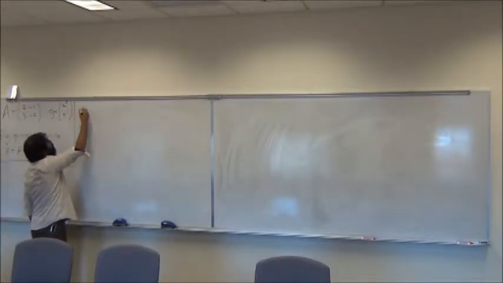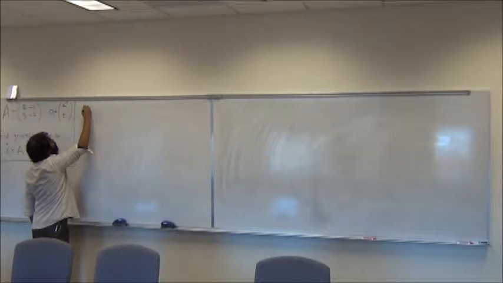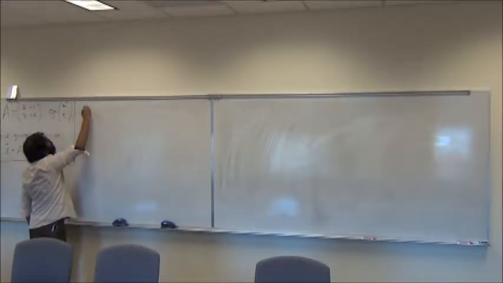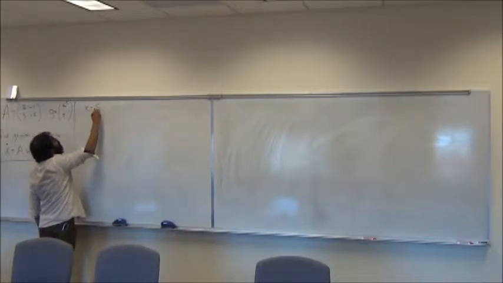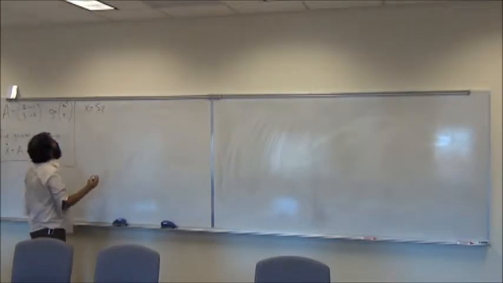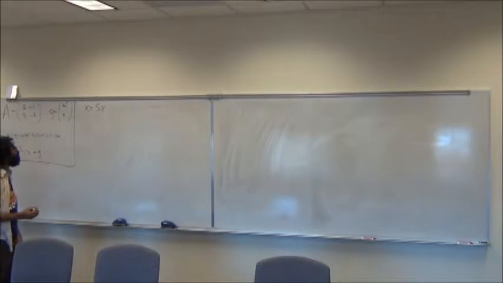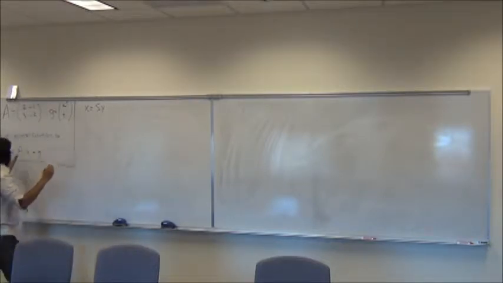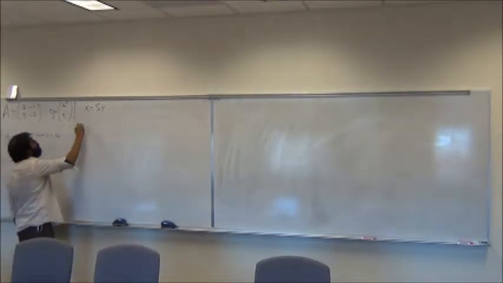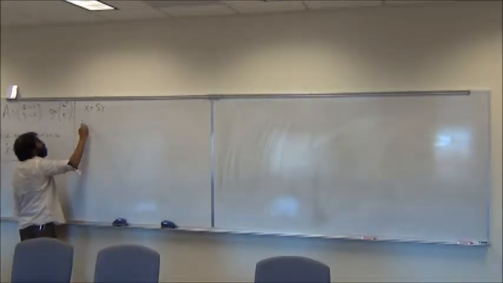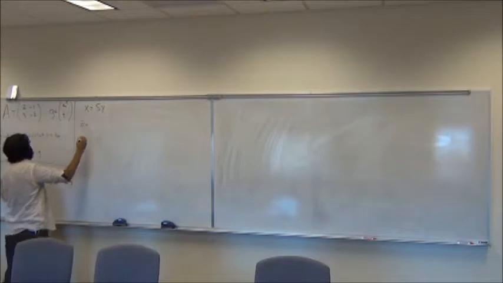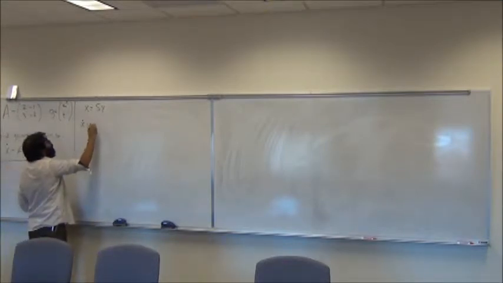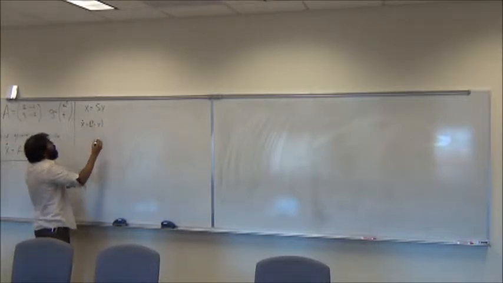So the general strategy is we're going to write x as some matrix times y, and then we're going to plug that into this differential equation. So we get x dot is equal to S y dot, and S is going to be a constant matrix.